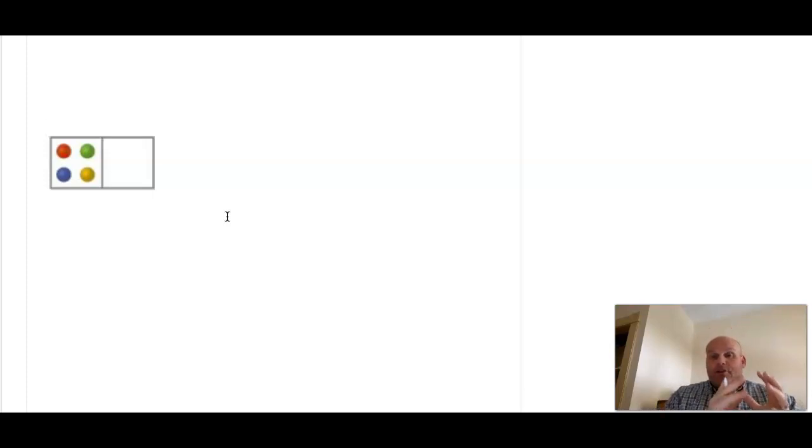I could do something as simple as put all four of those in the other box. That would be a different microstate. Or I could leave one in the box that they currently occupy and move three over. Well, they're all different atoms, so I would have to do that with leaving the green one behind. Then another microstate would be to leave the red one behind.